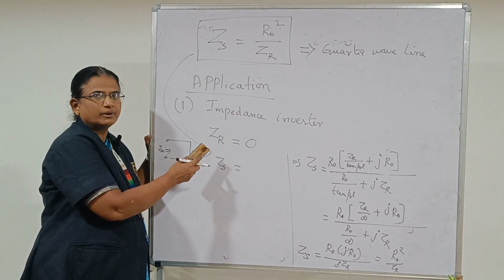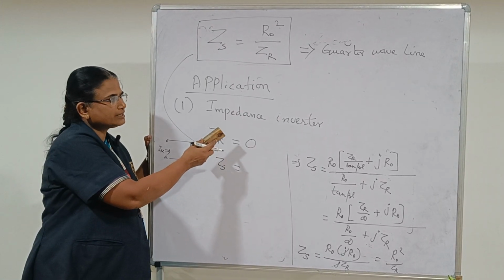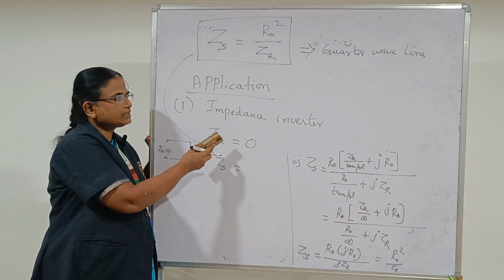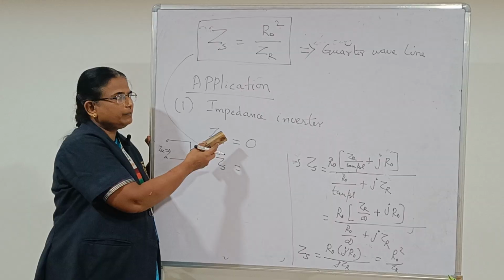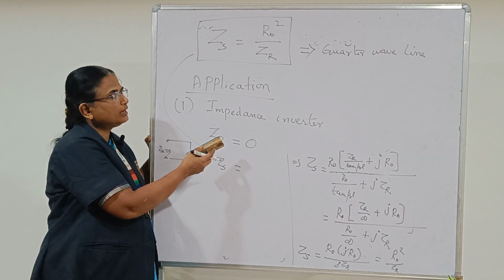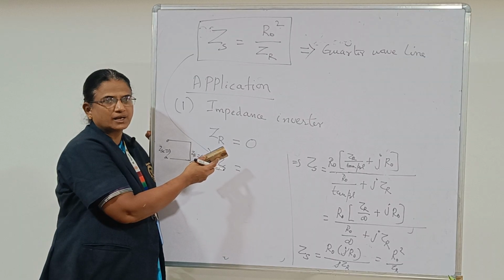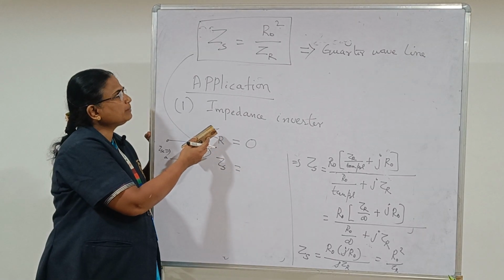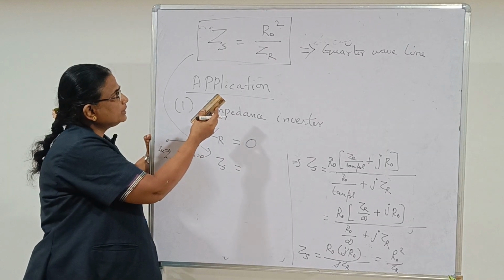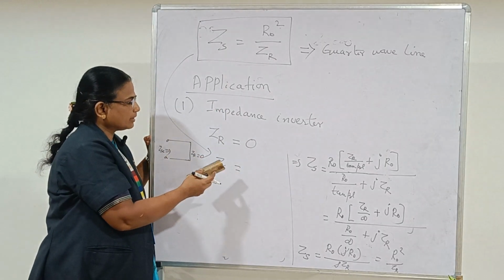Application of this lambda by 4 line: the first application is that a lambda by 4 line can be used as an impedance inverter. What is an impedance inverter? An impedance inverter is one which can transform a low impedance into a high impedance and vice versa. Here the sending end impedance for a lambda by 4 line is found to be R0 square by ZR.